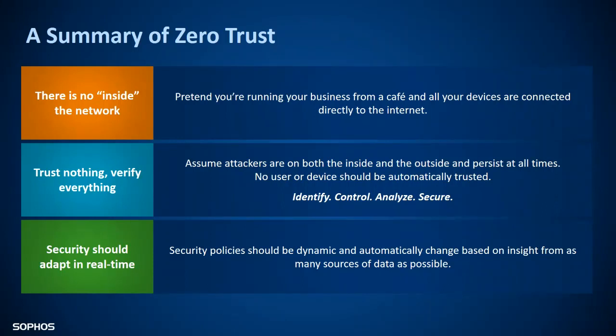I sure hope so. At its essence, there are a few major concepts to zero trust we should keep in mind. The first one is there is no inside the network. Pretend that we're running your entire business from an untrusted location like a cafe, and all your devices are connected directly to the most challenging part of that network, the public internet.